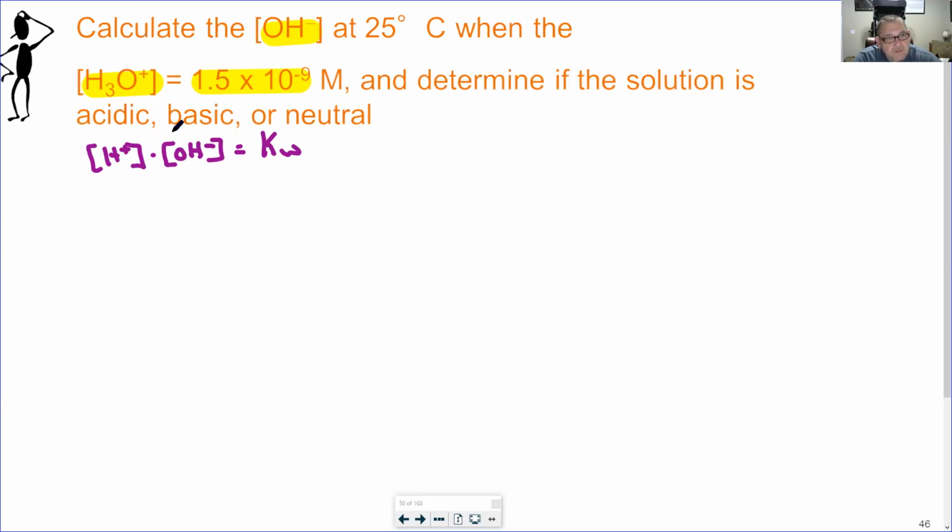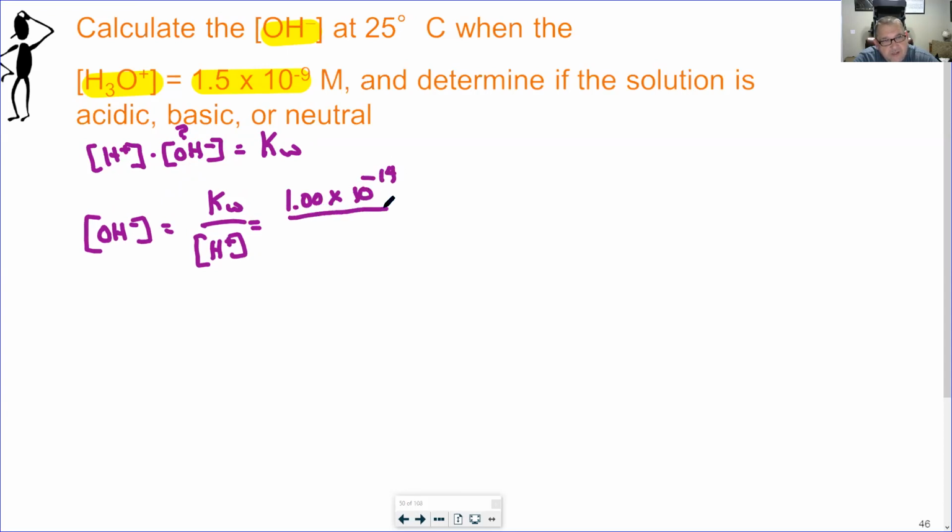What I'm looking for is the OH minus. If I rearrange this, the OH minus is equal to Kw divided by H plus. Kw has a value of 1 times 10 to the minus 14th, and H plus is 1.5 times 10 to the minus 9th.